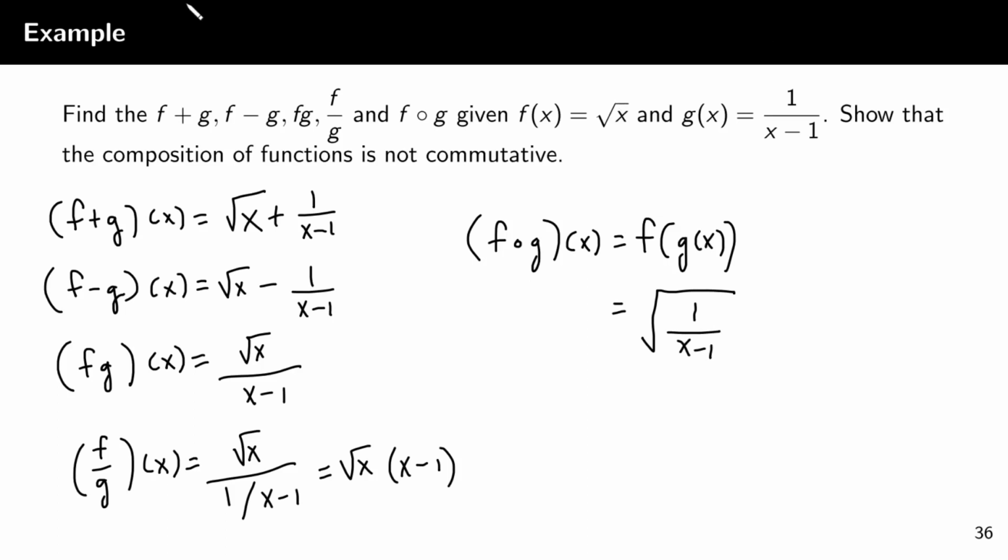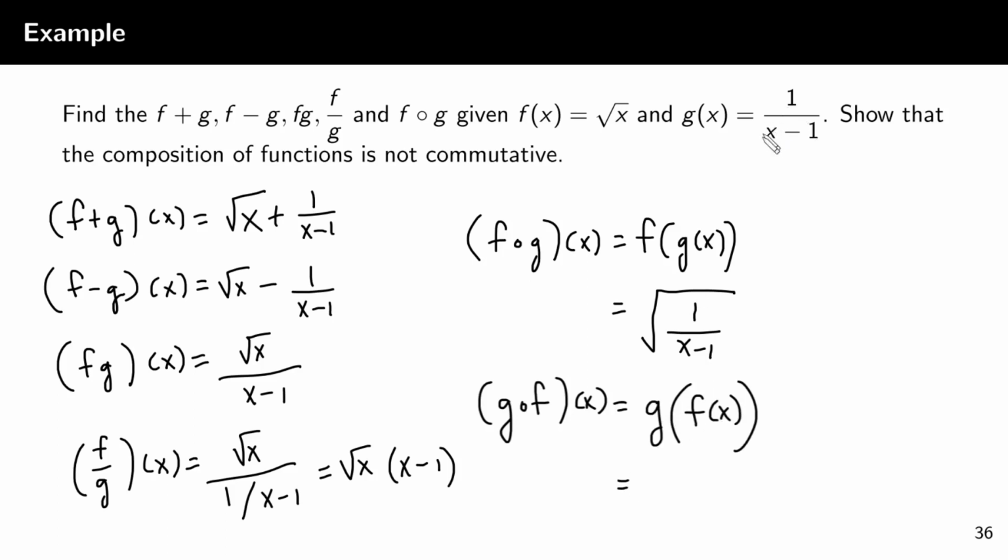Now, let's show that composition is not commutative. So, hindi siya commutative kapag binaliktad natin yung f and g dito, ibang function yung makukuha natin. So, pakita natin, ayan, g of f is equal to, so this is now g evaluated at f. So, ito yung g natin, 1 over x minus 1.